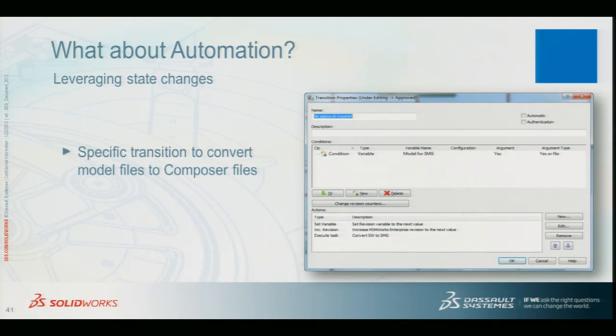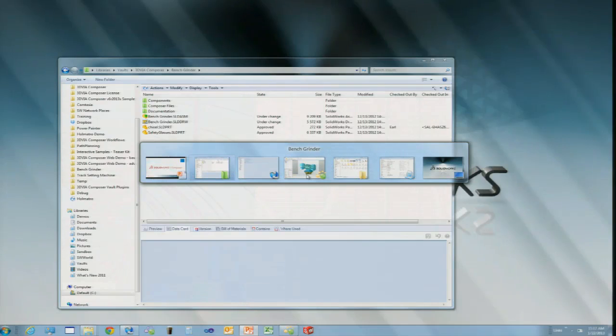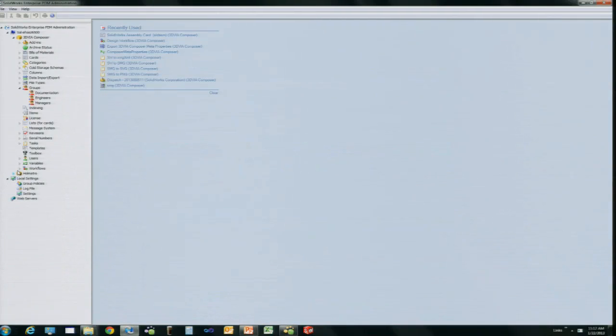So by having that specific transition, I can convert the model files to Composer files based on whether or not that flag has been turned on. If it's not even an assembly file or a part file, it won't go through this transition. It'll go through the other transition states. So I have a little bit more control over exactly what's going on within that document. So I've added that into my workflows.